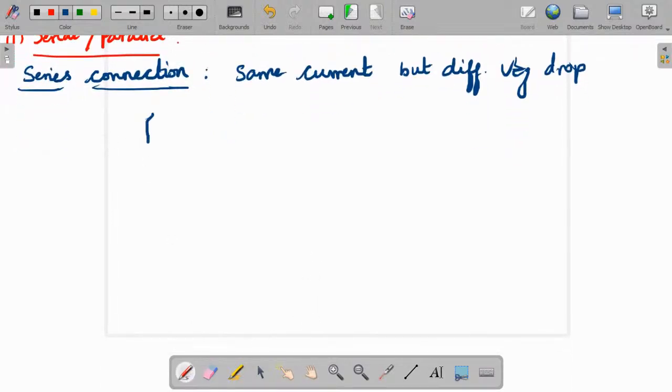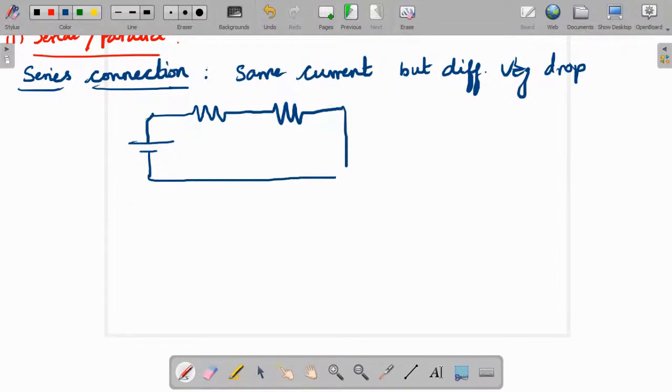I am considering two resistors. So the source has two resistors connected in series. R1, R2, and respectively their potential drops. Here plus minus. I am assuming a current of I in this direction.